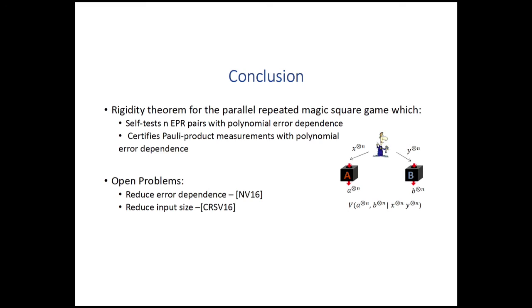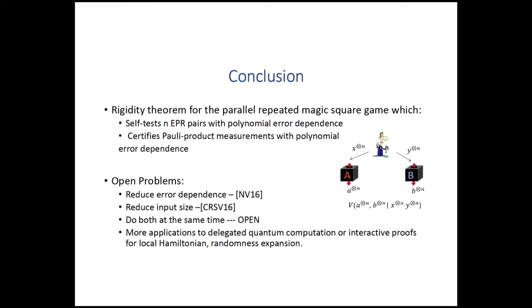That's also done in some setting in the Chao, Reichart, Sutherland, and Wittig paper that came out in the fall. Each of these papers does one and not the other. The big open problem is to do them both simultaneously. And then the rest of the open problems are the usual applications to these three areas where rigidity comes up a lot.